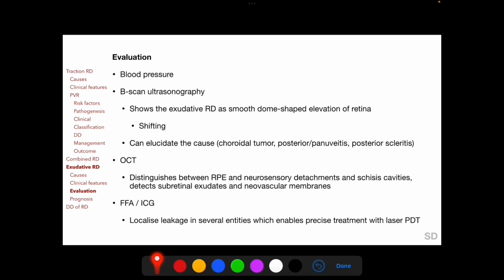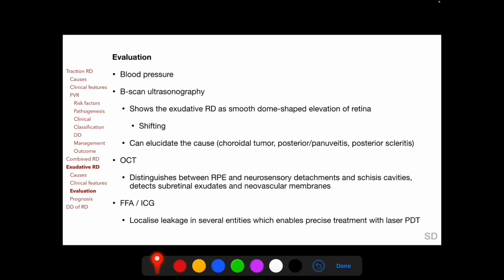Evaluation of a patient with exudative retinal detachment includes blood pressure measurement to rule out malignant hypertension, and B-scan ultrasonography, which shows the exudative retinal detachment as a smooth dome-shaped elevation of the retina. Shifting of the exudative retinal detachment can be elicited on B-scan ultrasonography.